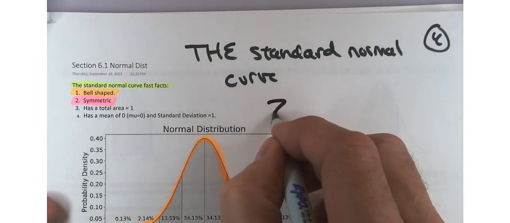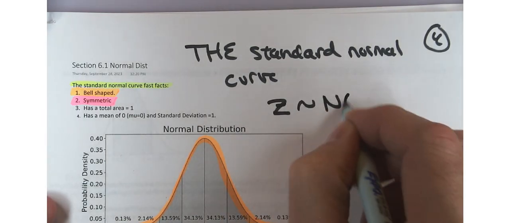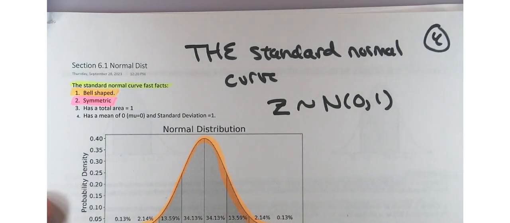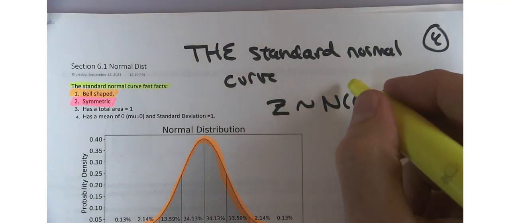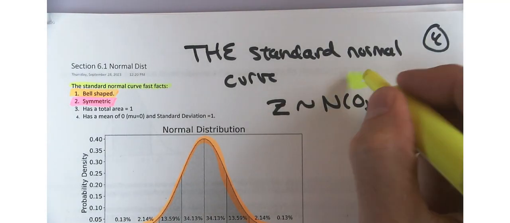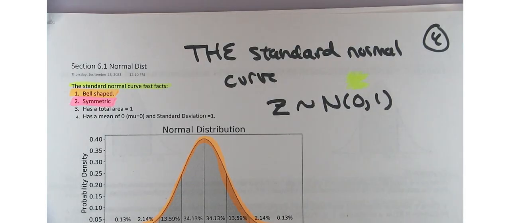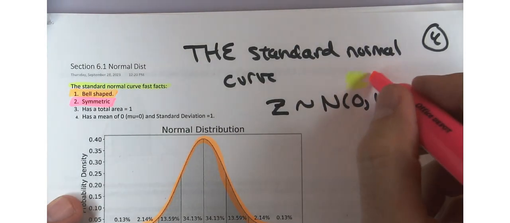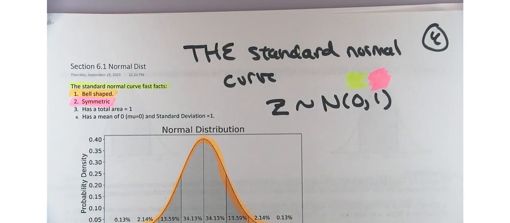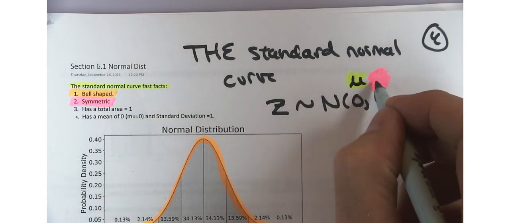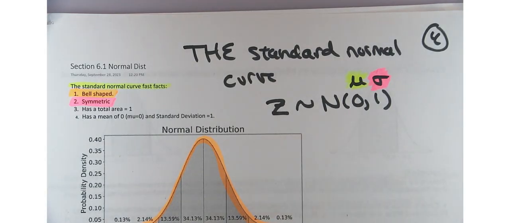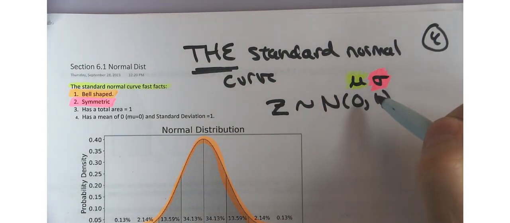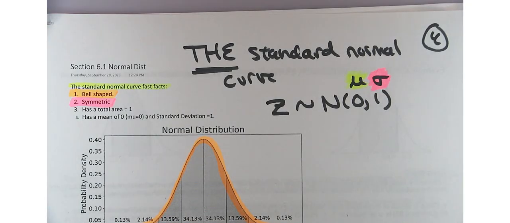It's going to be Z is distributed normal 0, 1, where this number is going to be our mean, that first one, and the second one's going to be our standard deviation. So in general, this is going to be your mu, that's going to be your sigma. But for the standard normal curve, that's why I put it in caps here, those values, the mean and standard deviation, are set to 0 and 1. It's a very special one.